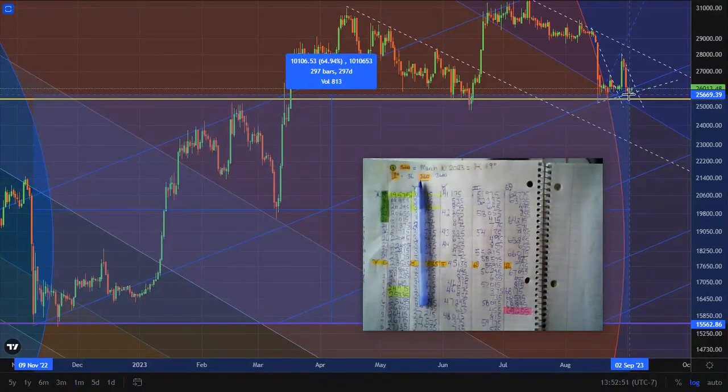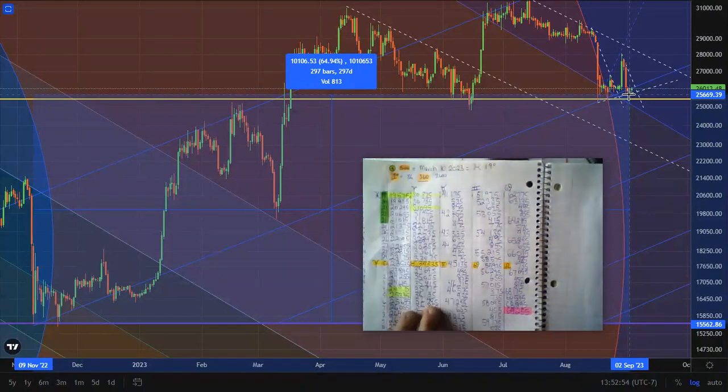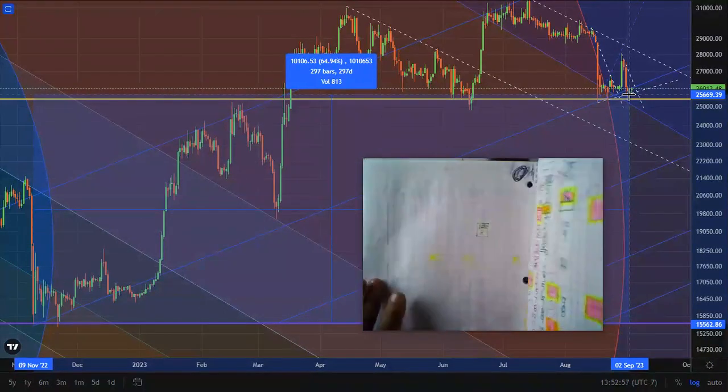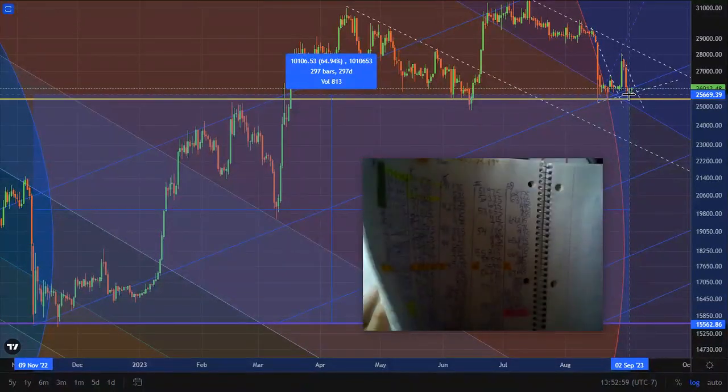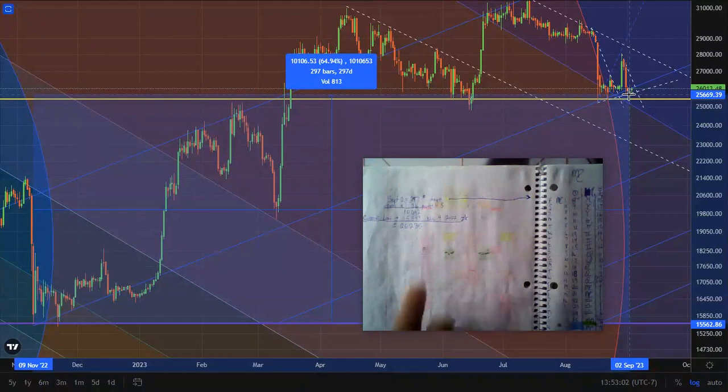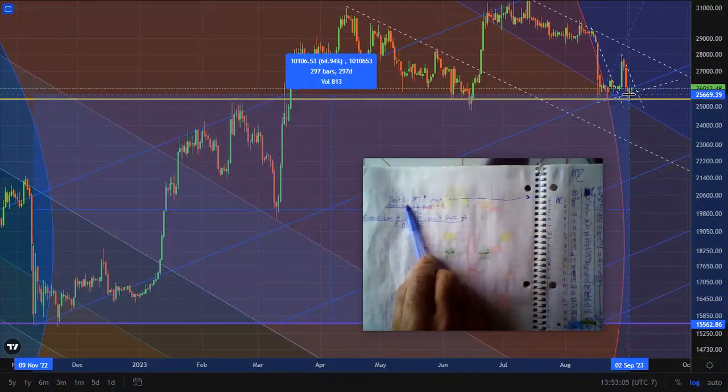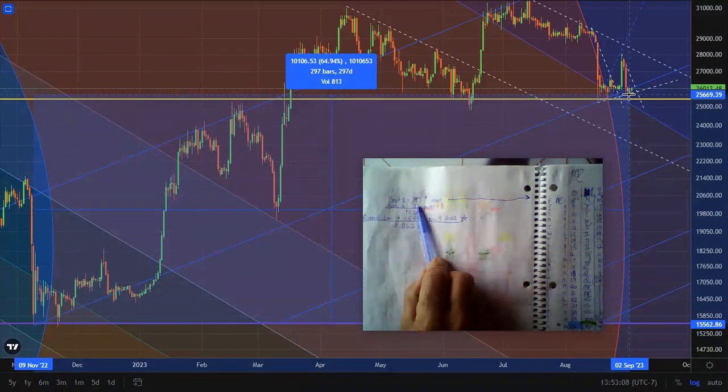So let's take a look at GMT time. September 2nd is 297 degrees, as you can see. The sun takes 360 days, but we're going to use the lower octave of its movement, which is 36.